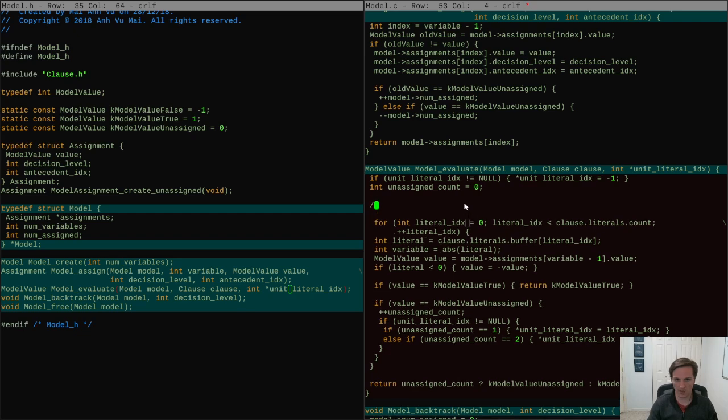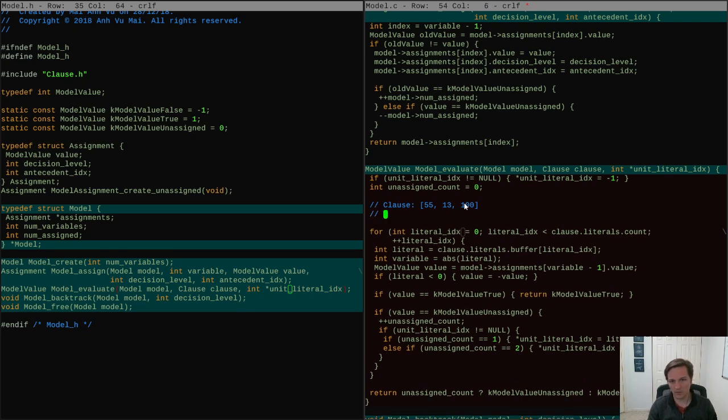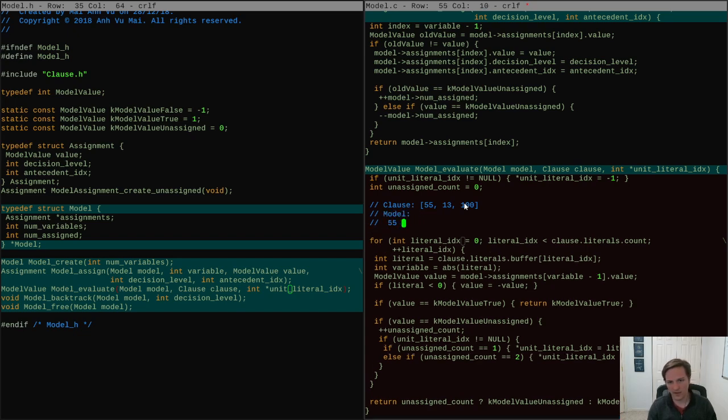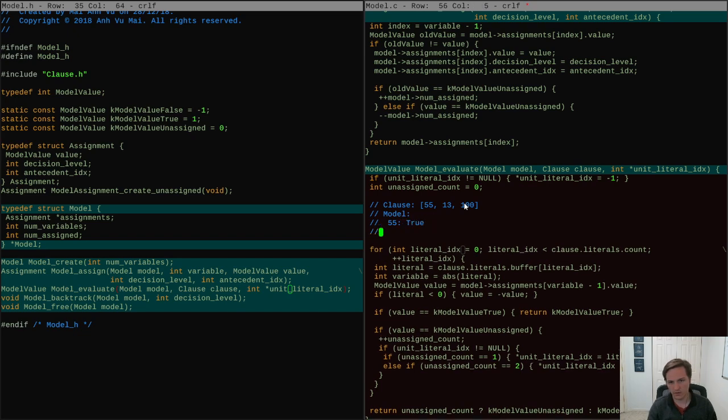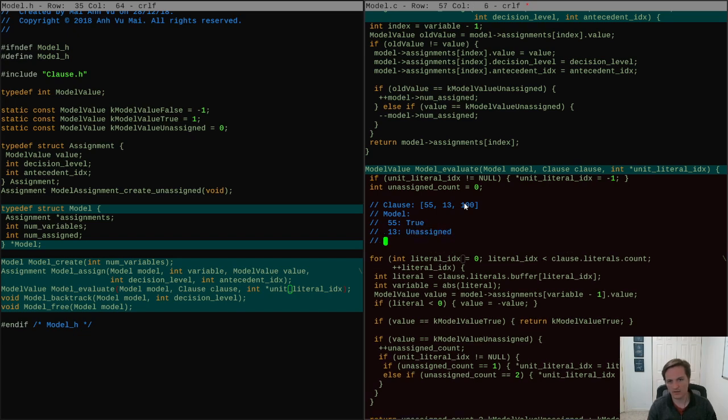So we have a clause, and that clause can be like 55, 13, 100. In our model, we say, okay, 55 is true, 13 is unassigned, and 100 is false.